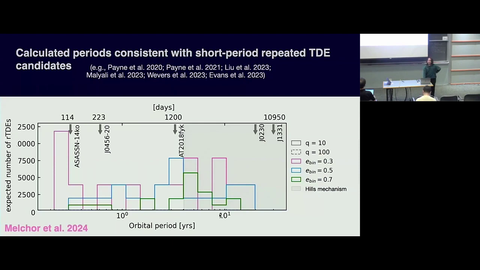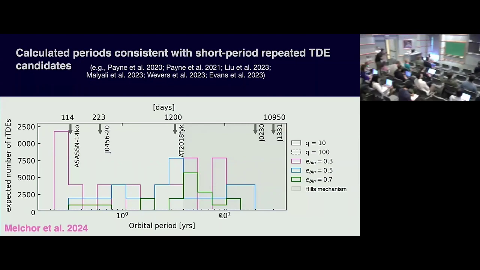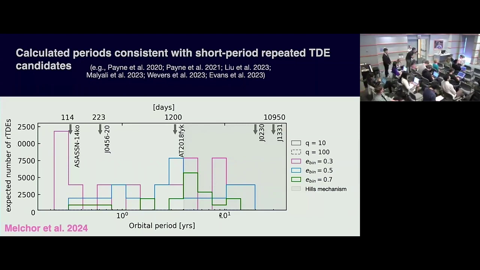Thanks for the great talk. I'm wondering, for your initial distribution of stars, is that already an outcome of two-body relaxation, or is it coming from something else? Can you repeat your question? Basically, you're arguing that this dynamical process is happening on a shorter time scale compared to two-body relaxation.